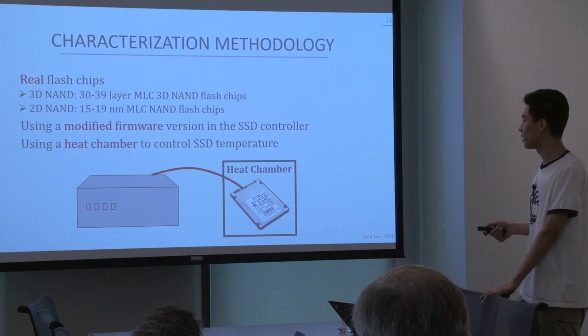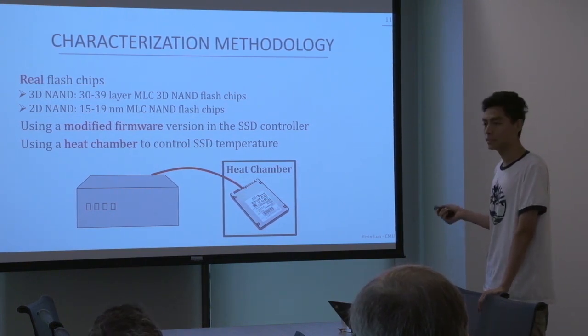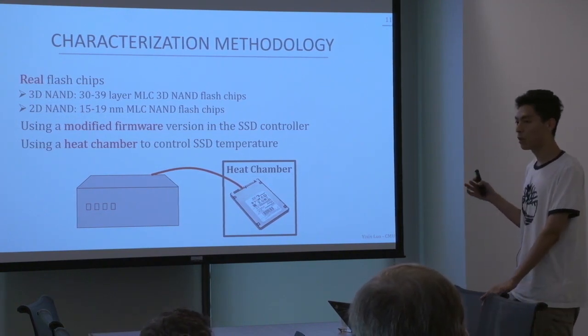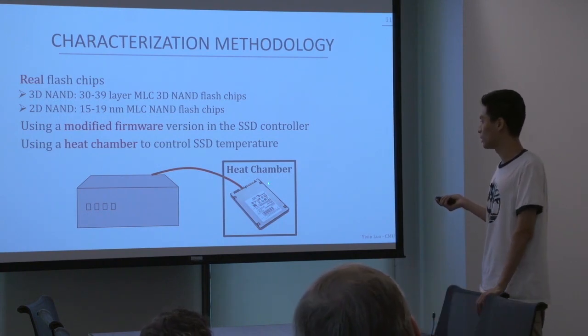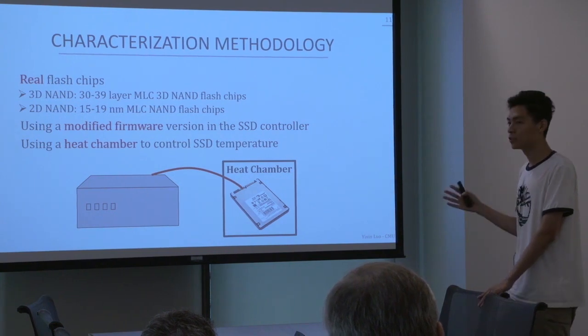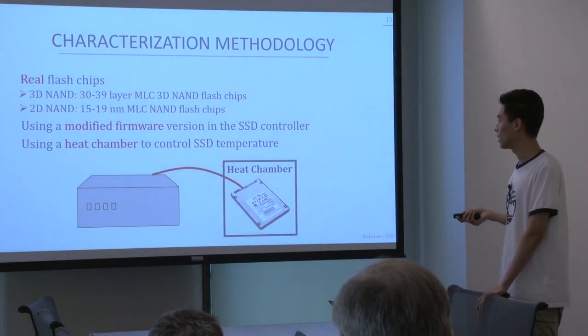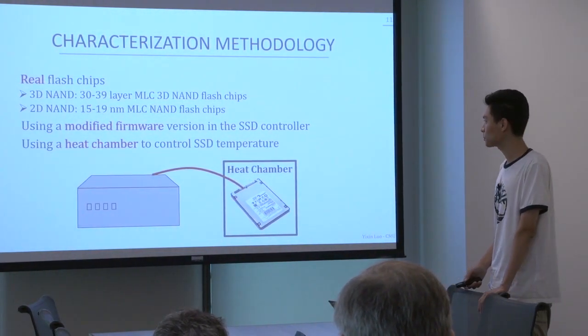In this SSD, we use modified firmware in the SSD controller that enables us to access the raw bit errors in the flash chips, as well as allowing us to change the read voltage when we read the data from the chip. And when necessary, we use a heat chamber to control the SSD temperature.